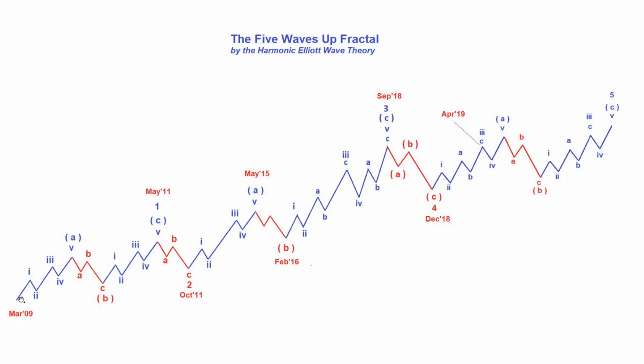As you can see, waves 1, 3, and 5 are in the direction of the main trend, and there are 2 corrective waves, wave 2 and wave 4, which are just temporary pullbacks, and we make higher lows confirming the trend up, while waves 3 and 5 make higher highs confirming the direction of the trend up.